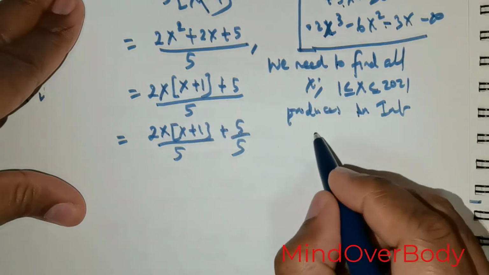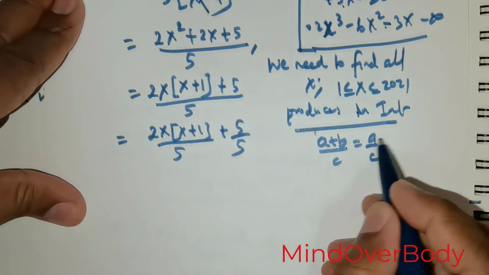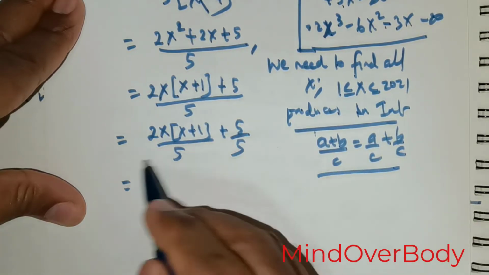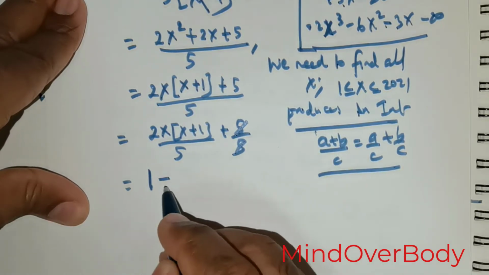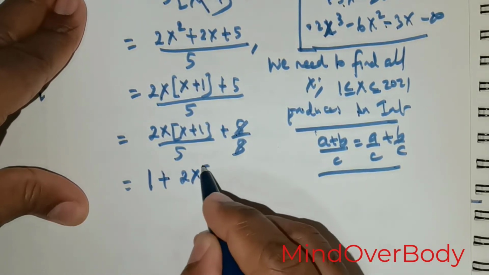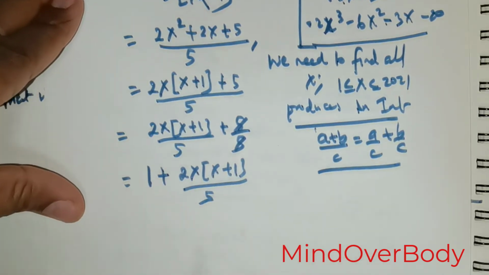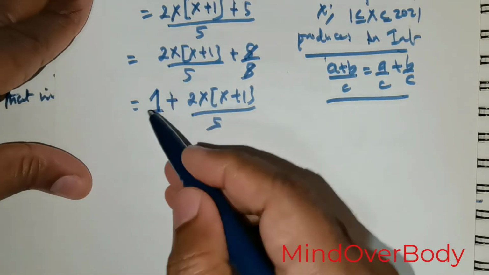This is because, using algebra, (a + b)/c can be rewritten as a/c + b/c. Now 5 divides 5 once, so I'm going to place that 1 there, followed by 2x(x + 1)/5. Clearly we know that 1 is an integer.